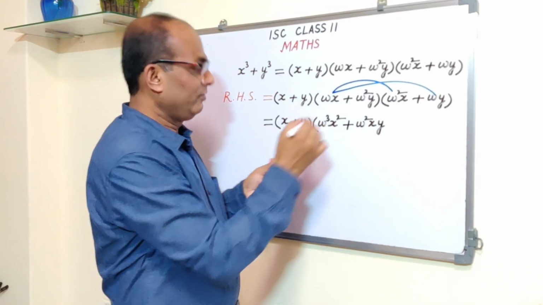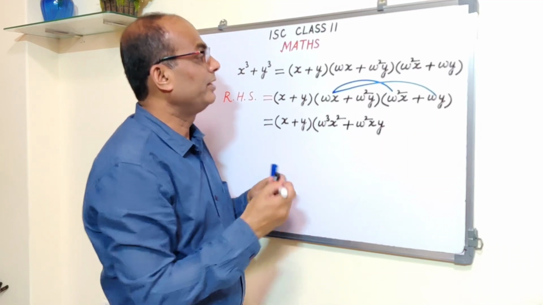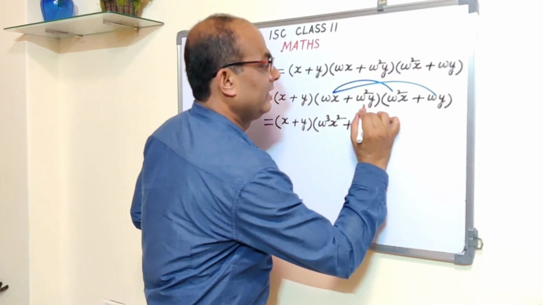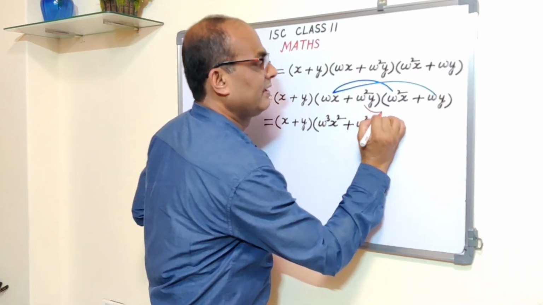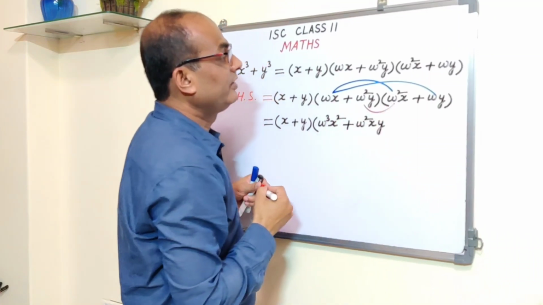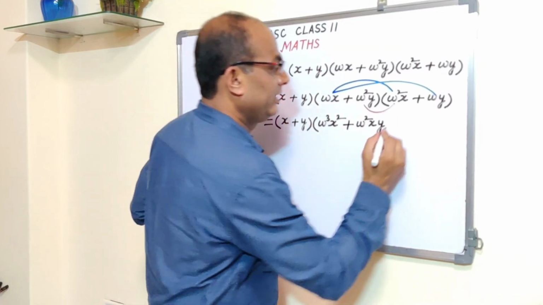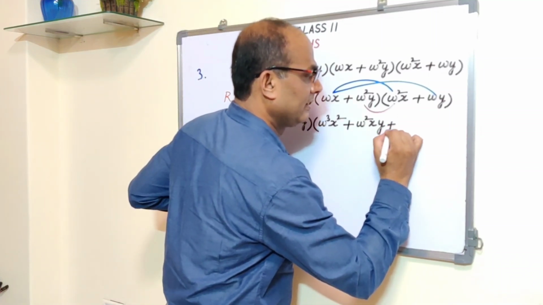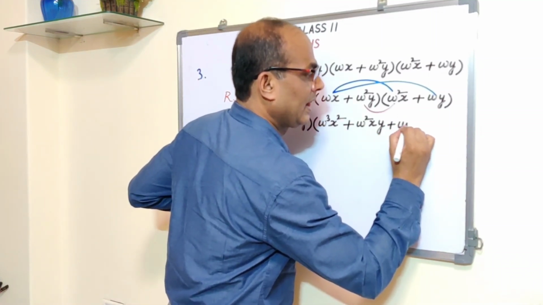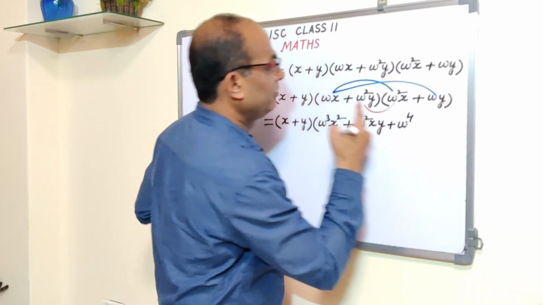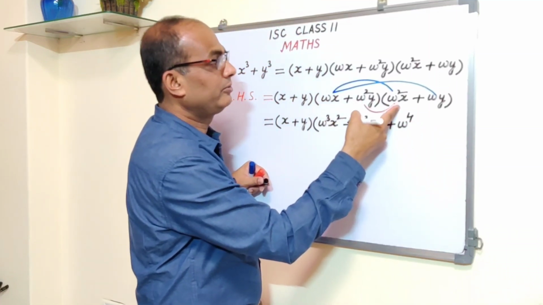And now the same thing with this omega square y. How much are we getting? Omega raised to the power 4 xy, right? Omega square into omega square is omega raised to the power 4 and xy.